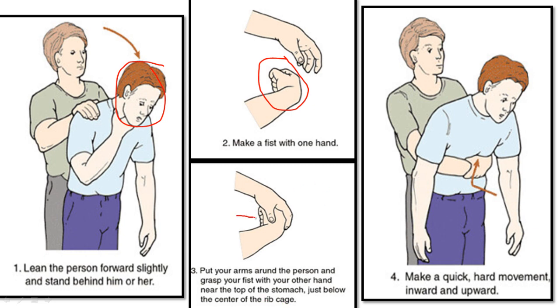Place it around the umbilical area, and make a quick and hard movement inward and upward. That means we need to apply pressure towards the top area. So this is called the Heimlich maneuver.